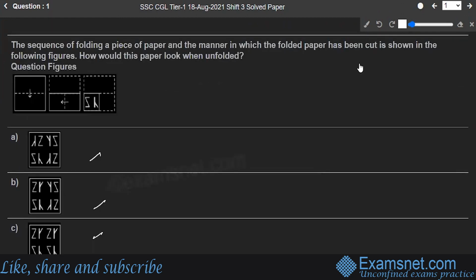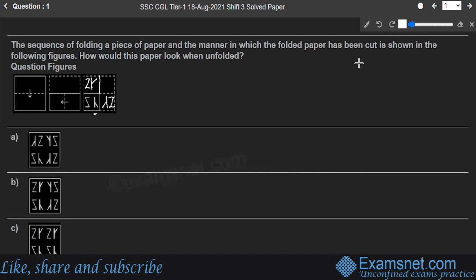So we'll try to make a figure on our own. How will it look when unfolded? First thing, this particular shape when unfolded will become like this. And the inverted Z will be like this. I'll remake it. Next, on the upper side here, you have this Z, it will look like this.